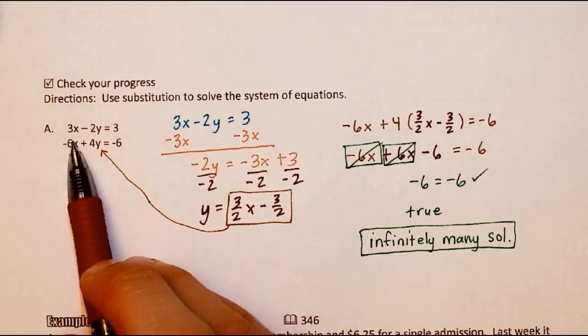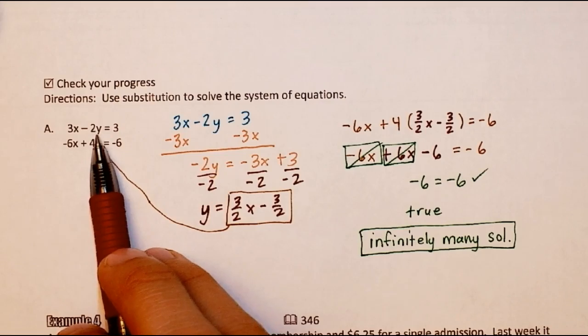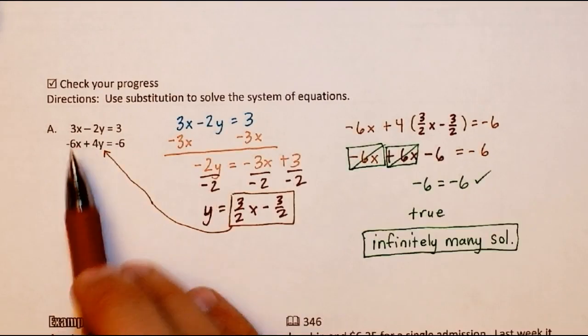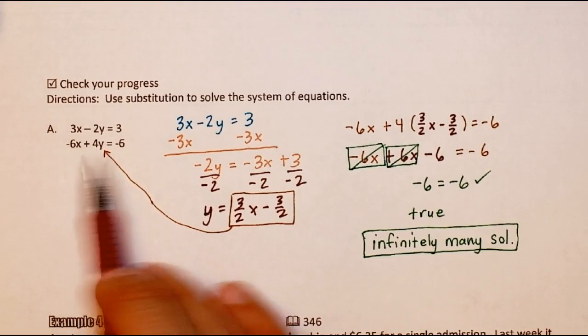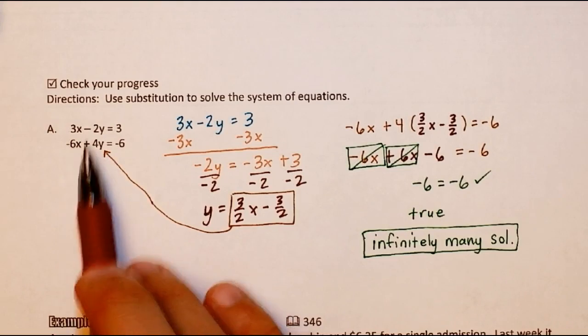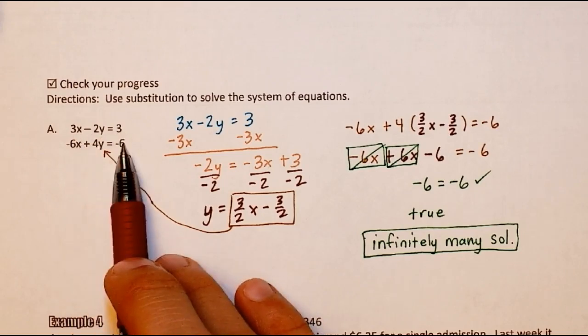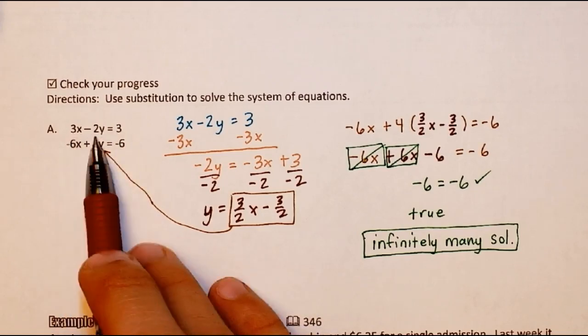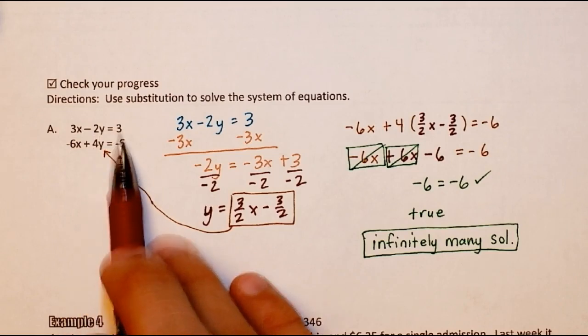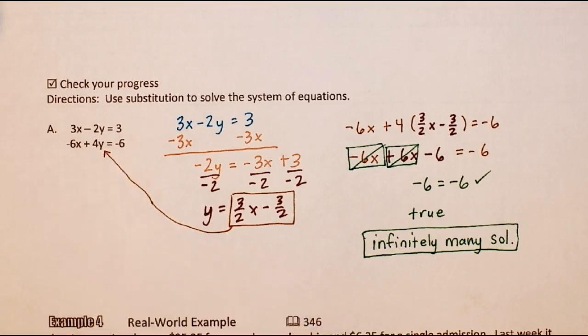I decided to solve the top equation for y because that's the most comfortable that I'm used to. I could have solved the bottom equation for x or y. I chose the top one because it had smaller values in every case. Our x values were smaller, y values smaller, and then our constant at the end was smaller.